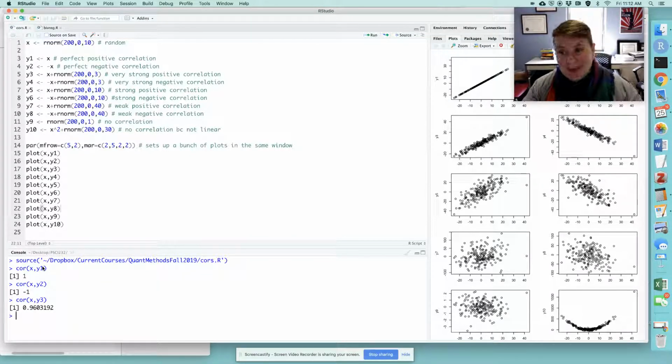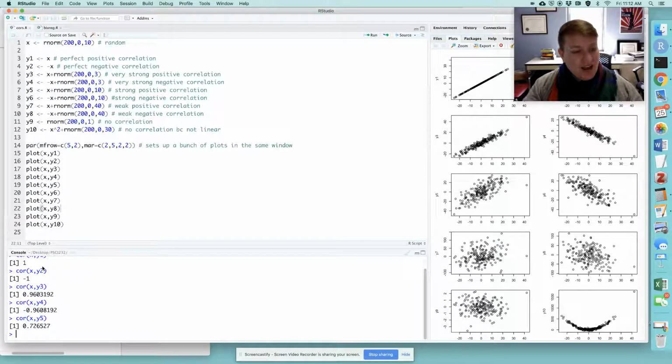That's an extremely strong correlation, much stronger than we typically see in political science. y4, -0.96. y5, 0.7, still quite strong in political science terms. So it's always important to actually do the correlation test because you can't always see visually what's going on.